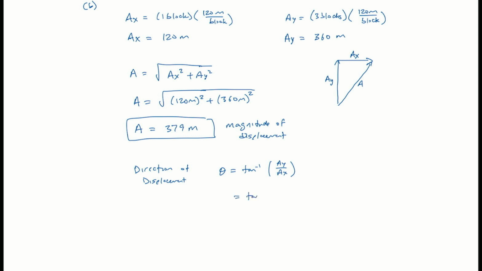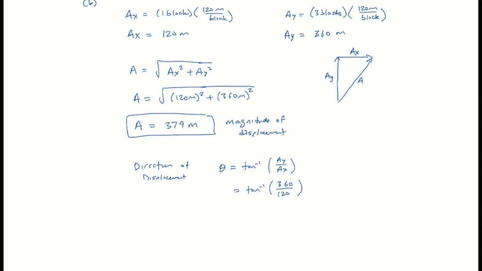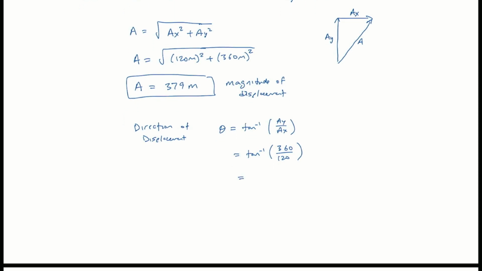And so that is the tan inverse of the 360 divided by the 120. Notice our units cancel. And so this is 71.6 degrees.